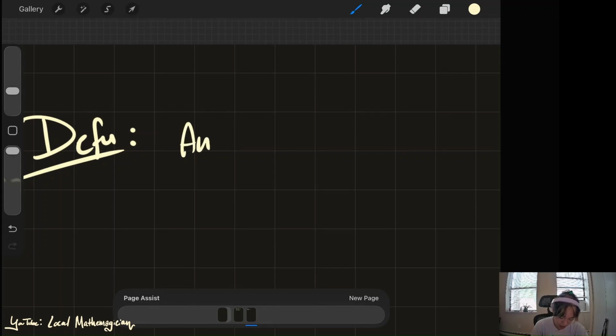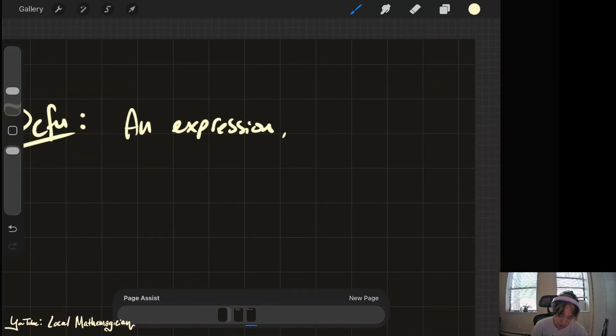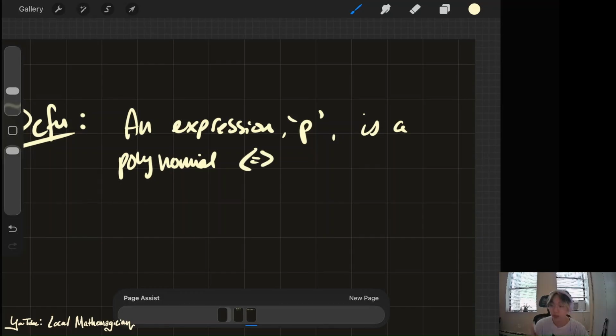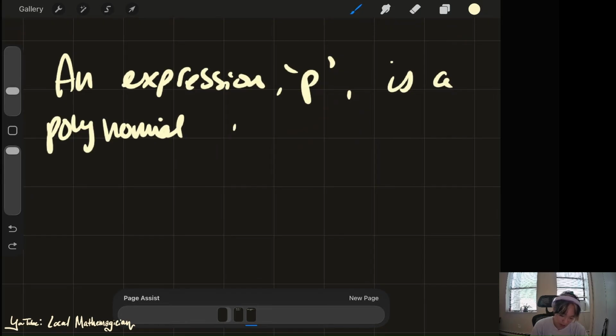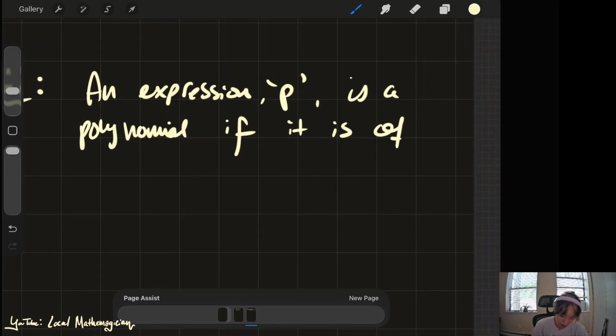An expression P is a polynomial if and only if. Definitions are always if and only if. So, if it is of the form, ready?